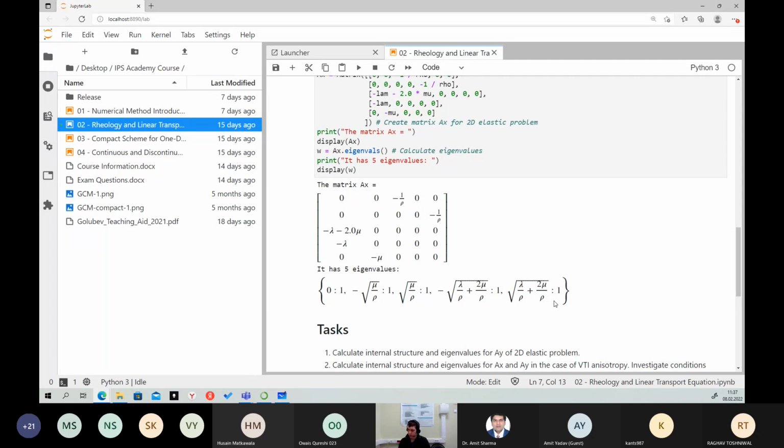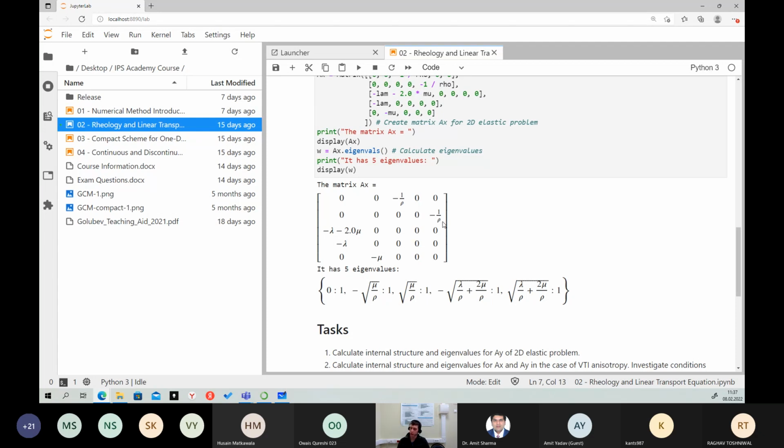My proposal for you, to go deeper in this material: first of all, calculate the internal structure and eigenvalues for the matrix AY of the 2D elastic problem. Here you can see the explicit form of AX, but you can repeat it and obtain the same. Then calculate the internal structure and eigenvalues of both matrices AX and AY in the case of VTI anisotropy.